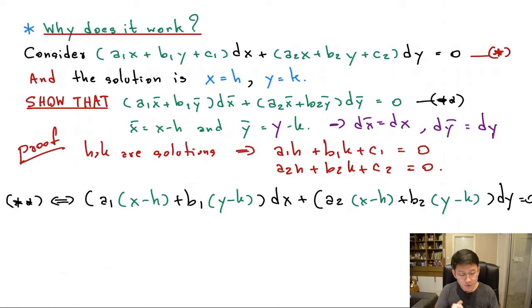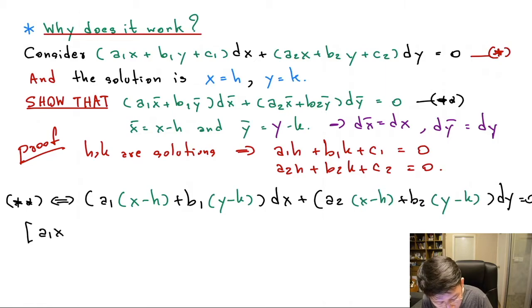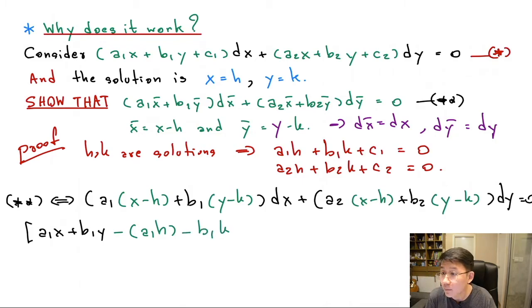So what we have here is a1 x plus b1 y minus a1 h minus b1 k, dx.